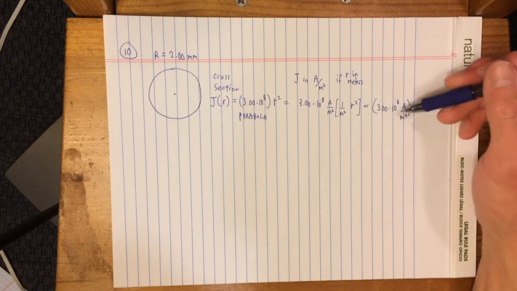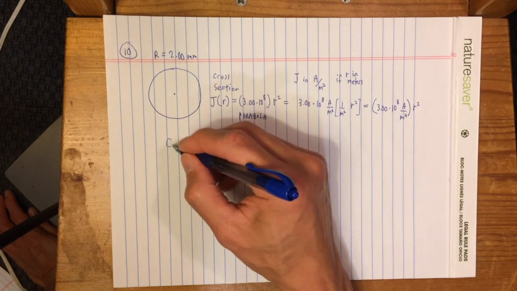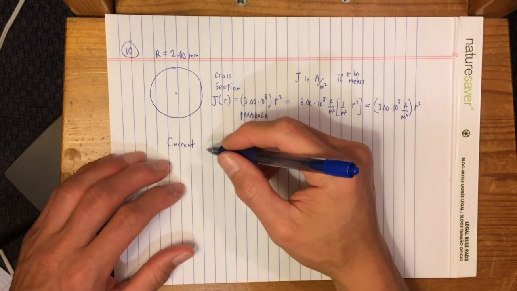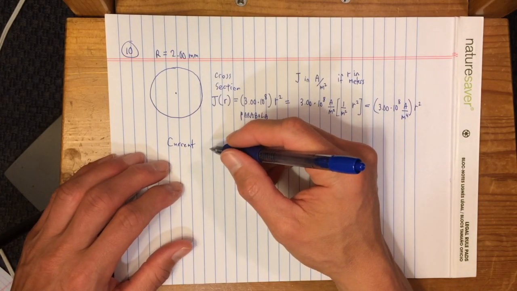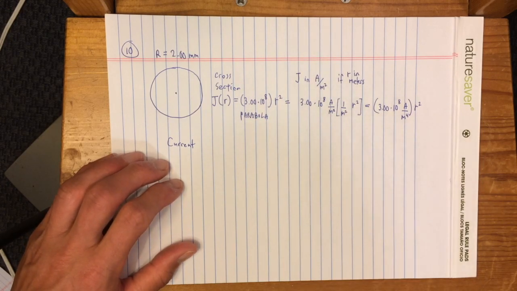So the units are going to work out. The amps have nothing to cancel against. But anyways, the question is the current which flows between 9/10 of R and all of R.